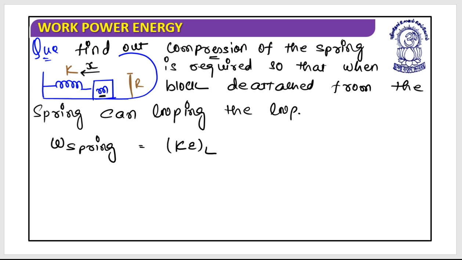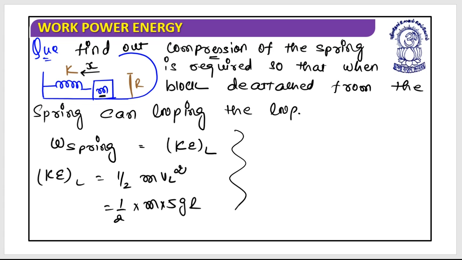I hope this is clear. So the minimum kinetic energy required at the lowest position is half mvl square, and that vl would be root of 5gr. This is the minimum required. Work done on the spring is half kx square, because initially it was unstretched.